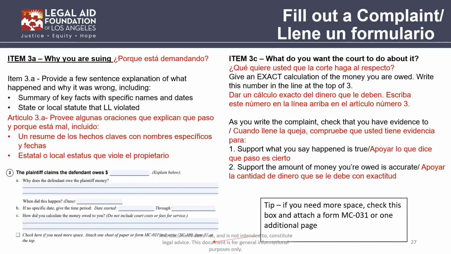So that's how that weird phrasing in the law comes into play when you're trying to file a legal complaint with the courts. And as you're writing this section of the complaint, make sure that you have evidence to support that everything you're saying happened is true, and that the amount of money you're claiming you're owed is accurate.